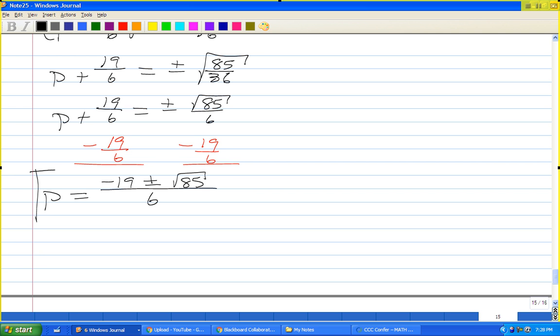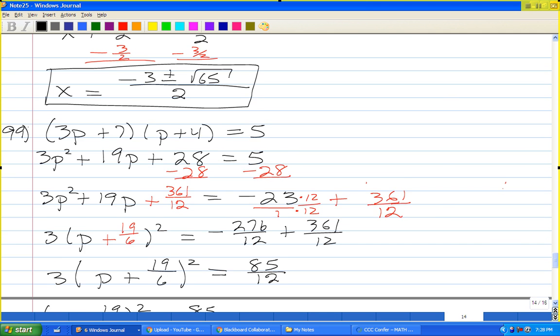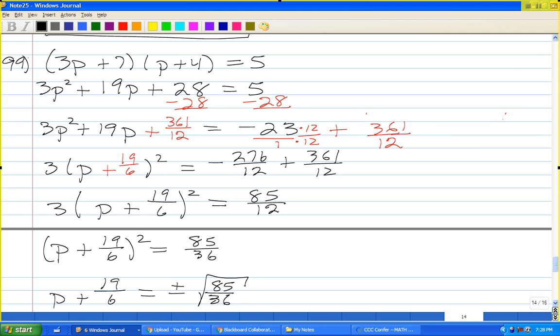And that is the correct answer. That has to be the correct answer. Okay, sorry about that. I don't know exactly what was going on there to get it wrong more than once, but okay.